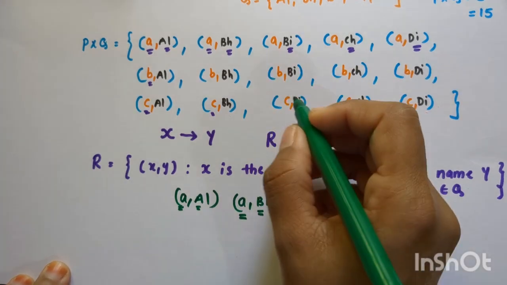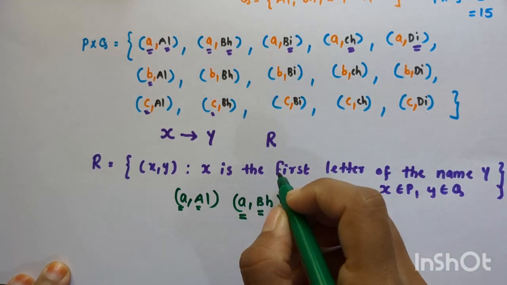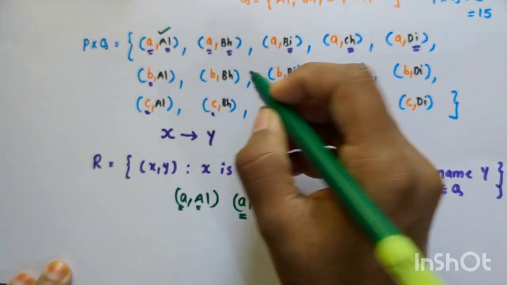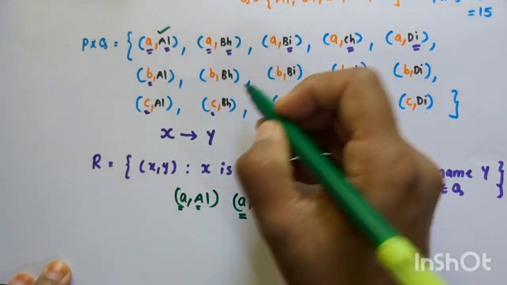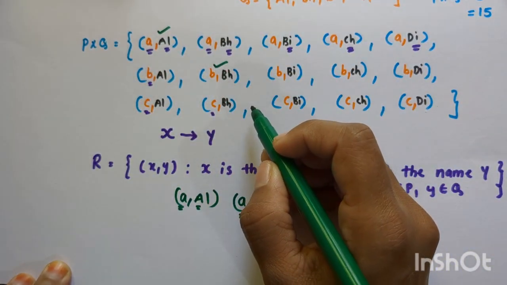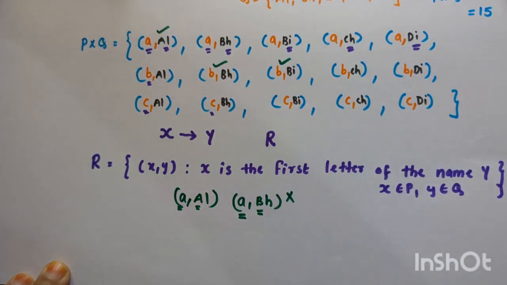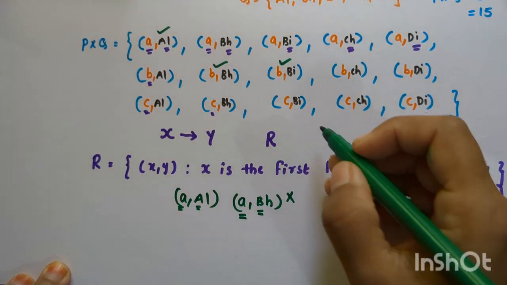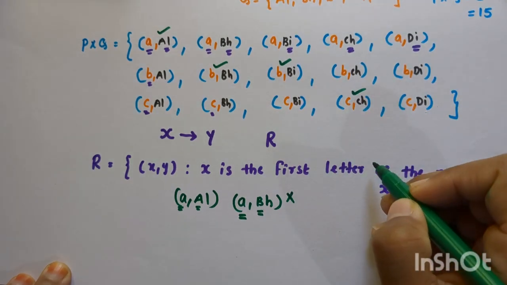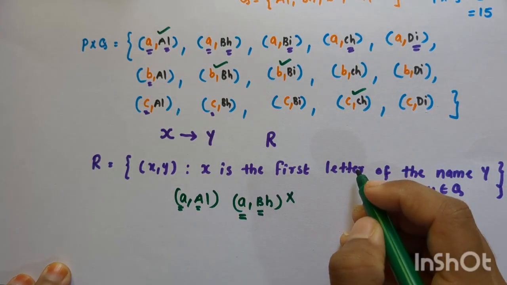Which are the possible pairs here as per the relation? (A, AL) is possible. Then (B, BH) is possible. (B, BI) is possible. Then (C, CH) is possible. Only these are possible.